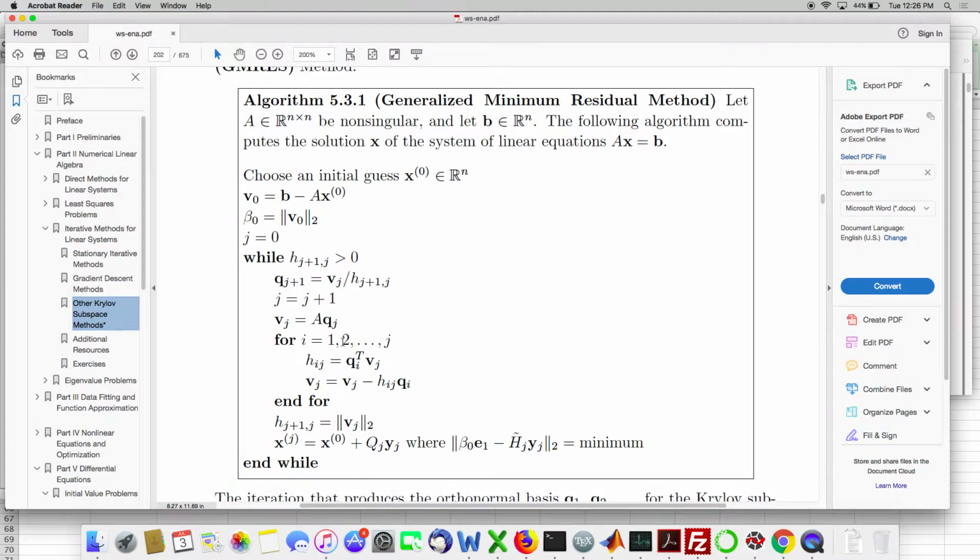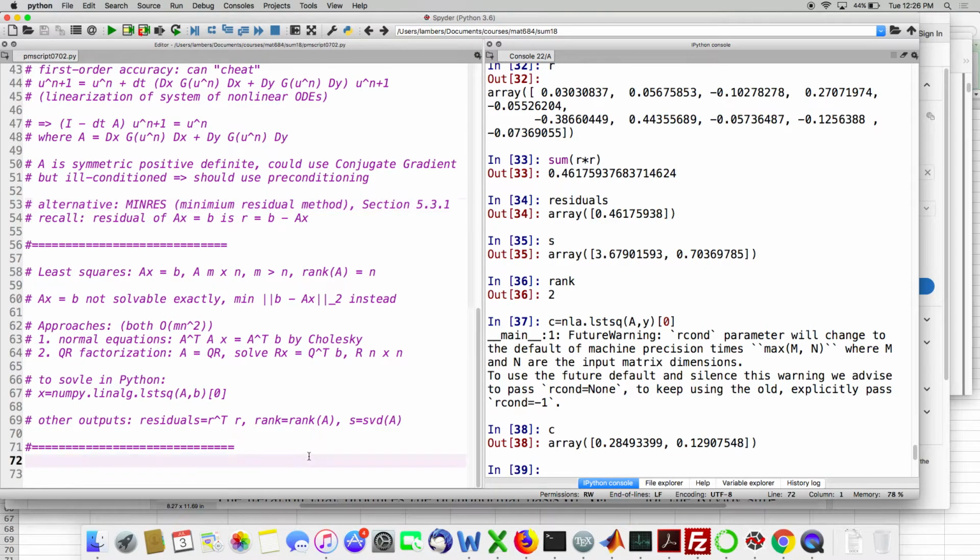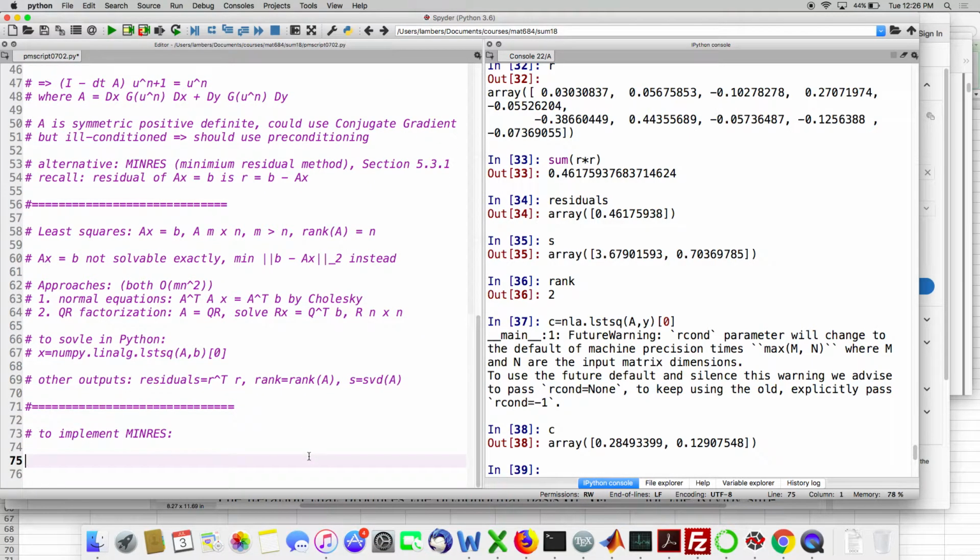If you want to implement MINRES yourself, which I have in mind for a default final project, use algorithm 5.3.1 in the text, which is GMRES.